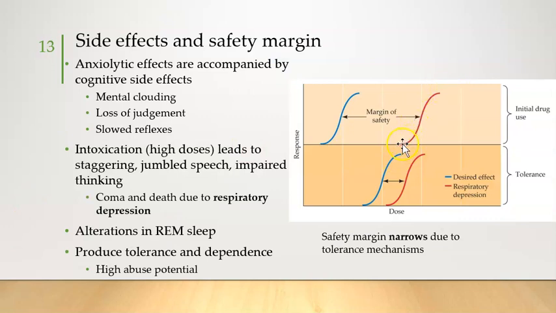That's where this red line comes to, that respiratory depression. And what you can see is, while our desired effects move, the respiratory depression line does not. So we have a very low safety margin with barbiturates due to tolerance mechanisms.